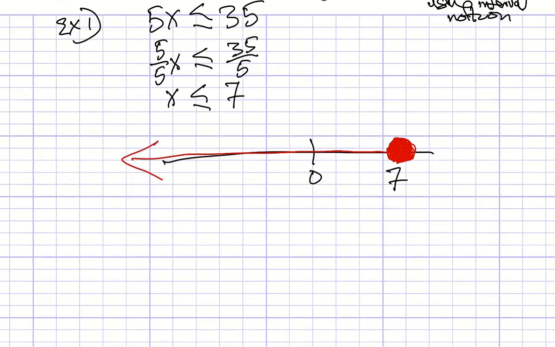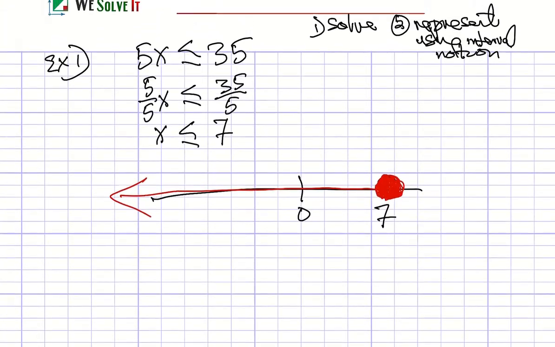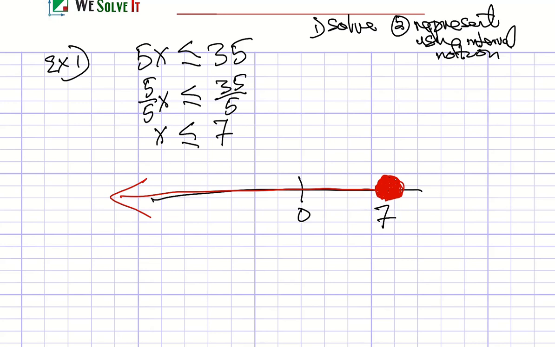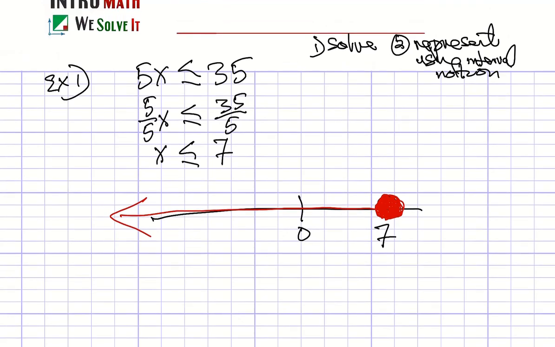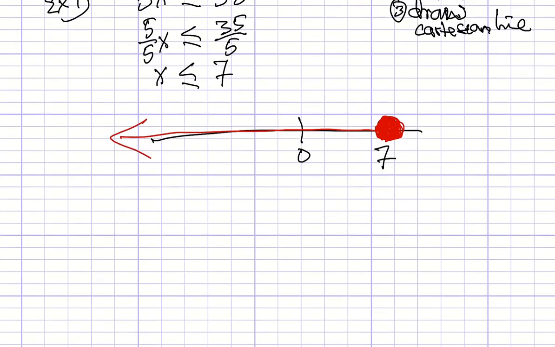Actually, sorry, I made a mistake. You draw it using a Cartesian line, okay? Then you represent it using interval notation. Here it basically says that x starts from 7, including 7, and goes that way.